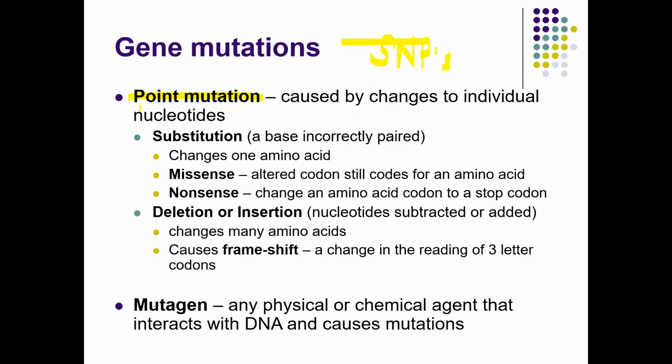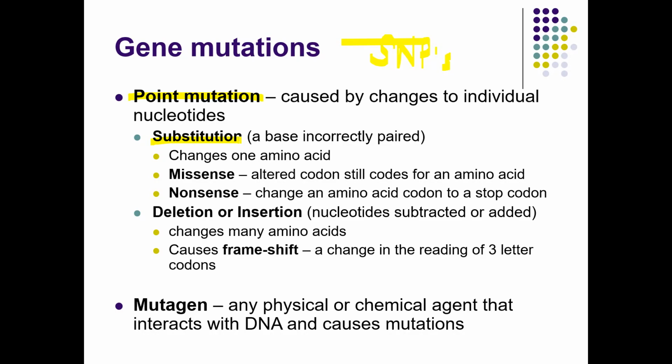Okay, now there's 2 main types. We have a substitution. And this is where one base is substituted for another. Maybe instead of an A, a C is placed, or instead of a G, they put an A or something like that. Now, it all depends on where that change occurs, okay?